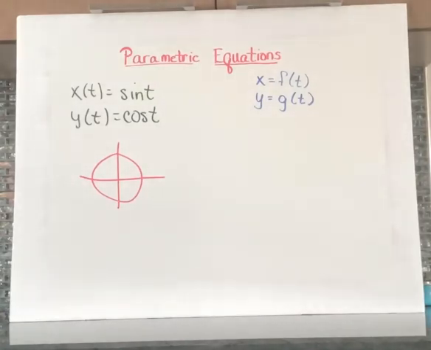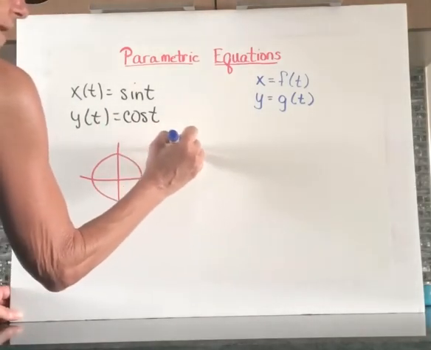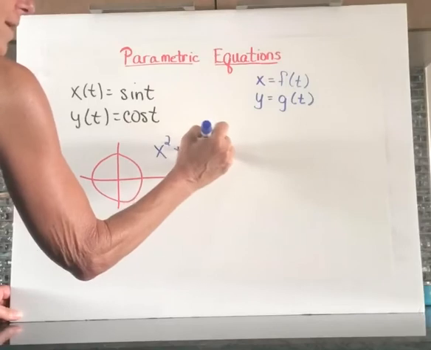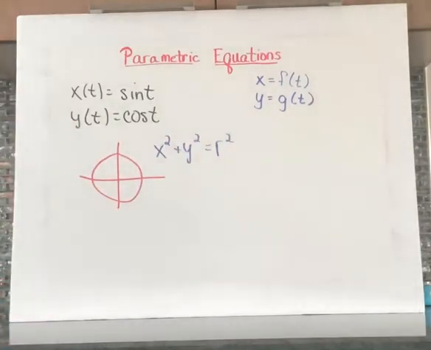Okay, think about way back in your geometry days when you had to write an equation of a circle. Centered at the origin, it looked something like this: x squared plus y squared is equal to your radius squared.